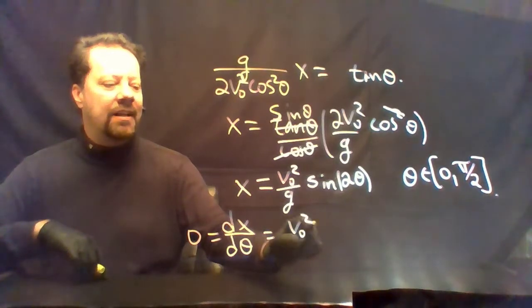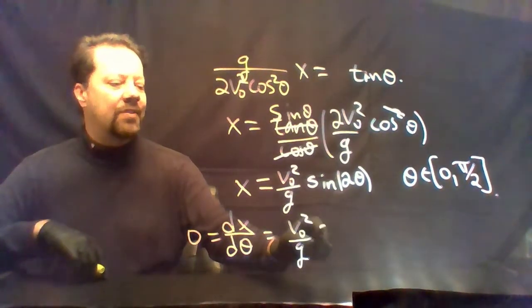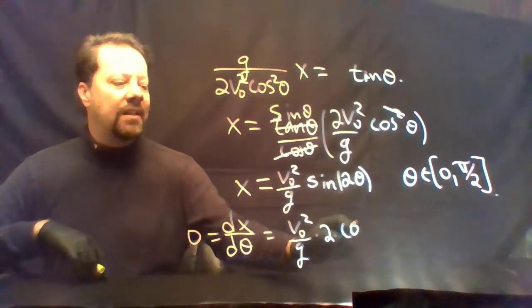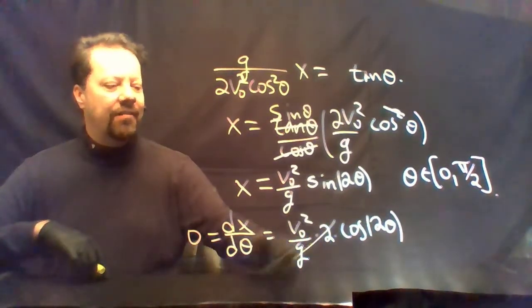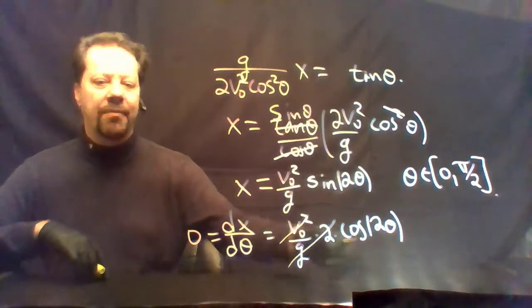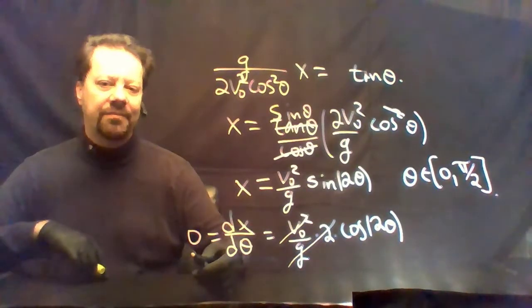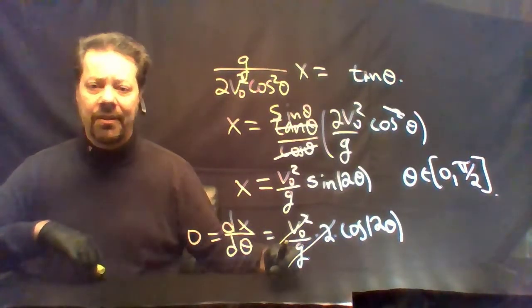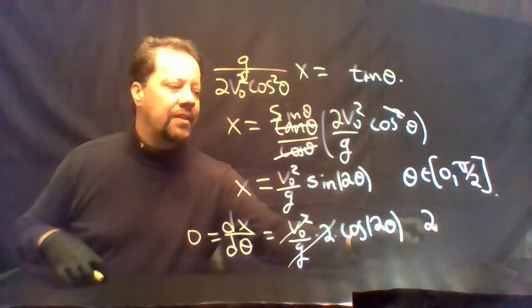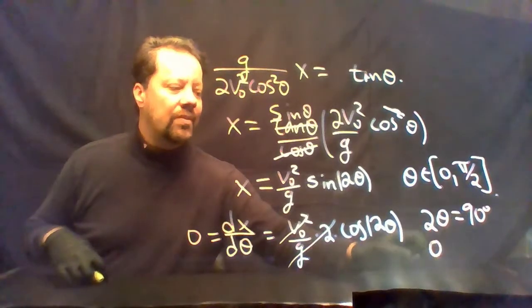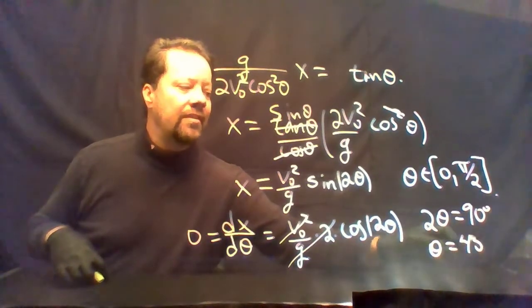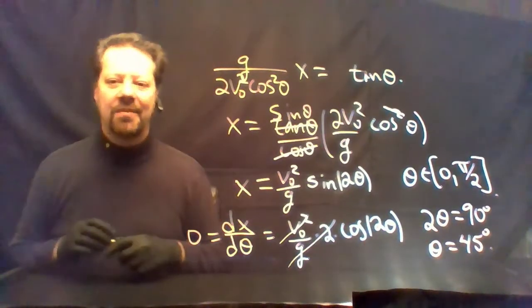That's going to be v naught squared over g times 2 times the cosine of 2 theta. All of these constants can be canceled off, and we're just looking for where cosine is 0. Well, cosine is 0 at pi over 2, so we deduce that 2 theta is 90 degrees, or theta is 45 degrees.